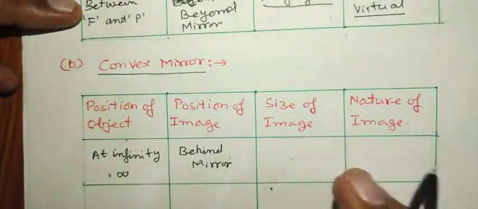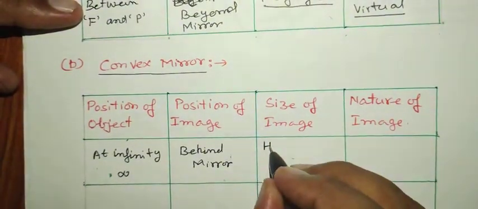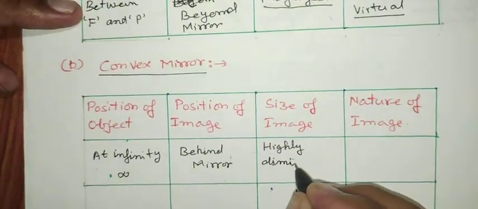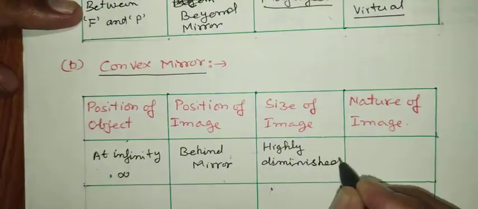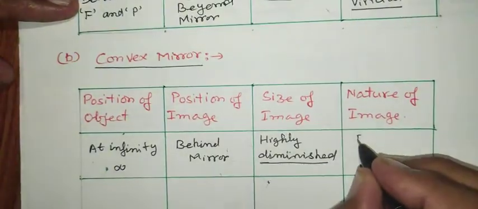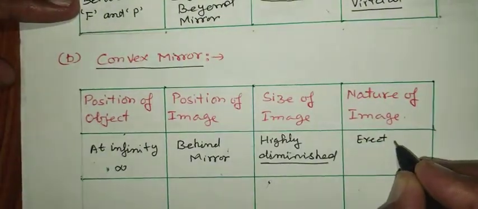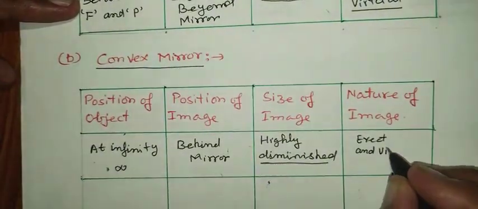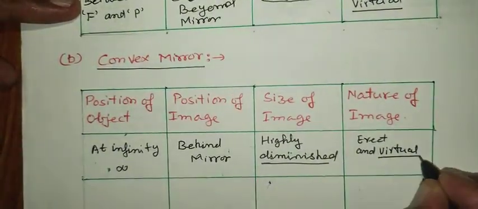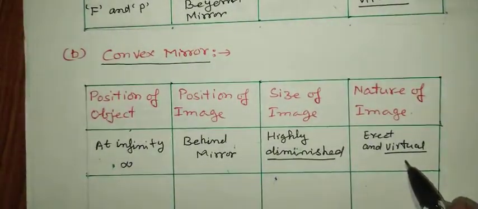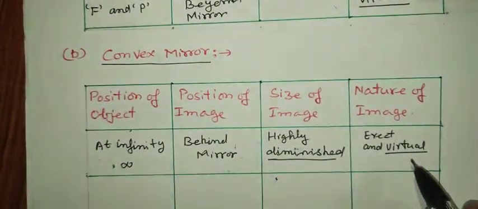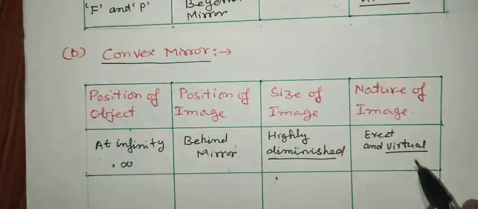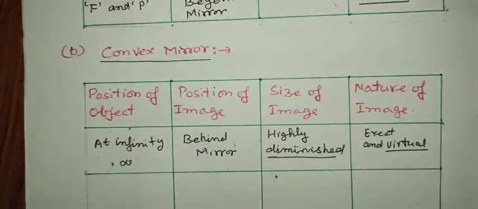Size of image: highly diminished, very small in size, erect and virtual. Why virtual? Because the image is not made by actual meeting of the rays, but it seems to appear from a point. That is why it is a virtual image here.